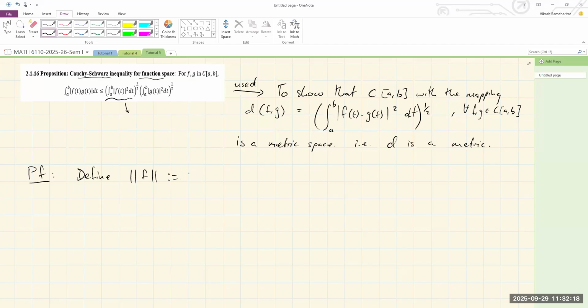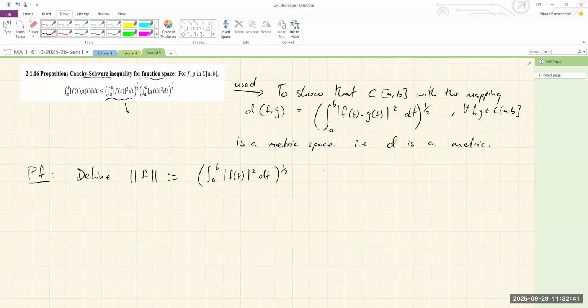So this is something I call the L2 norm. It's just going to be the integral from a to b of the modulus of f(t) squared dt, and then I'm going to take the square root of it. The reason why I'm going to define this is because it's going to save a lot of time when I have to rewrite this object over and over.